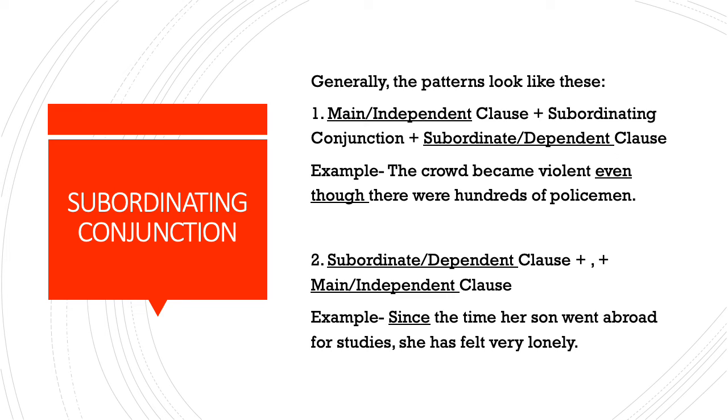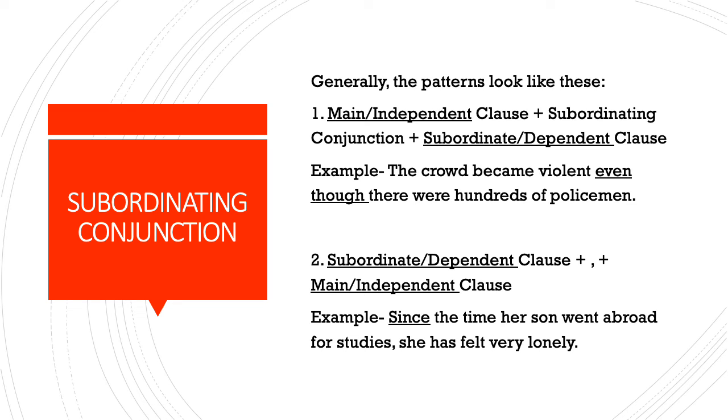And the sentence structure goes like this: the crowd became violent, the main clause, the independent clause, which has a complete thought, and the dependent clause, "even though there were hundreds of policemen," beginning with a subordinating conjunction. When added to the independent clause, the sentence becomes complete.